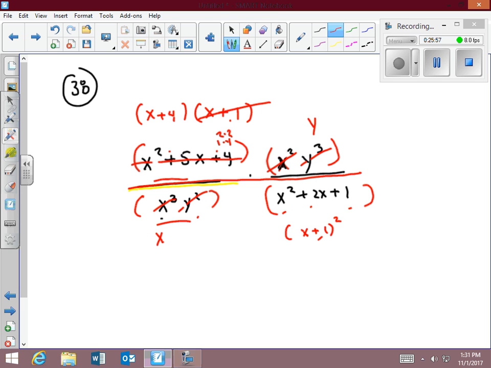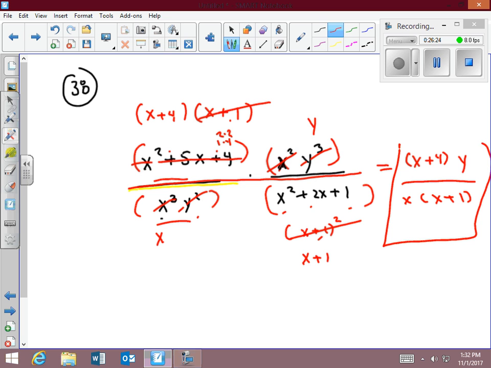So this one goes out, and it leaves 1 times x plus 1. So now my numerator has an x plus 4 in it and a y. And my denominator has x times an x plus 1. That's my answer.